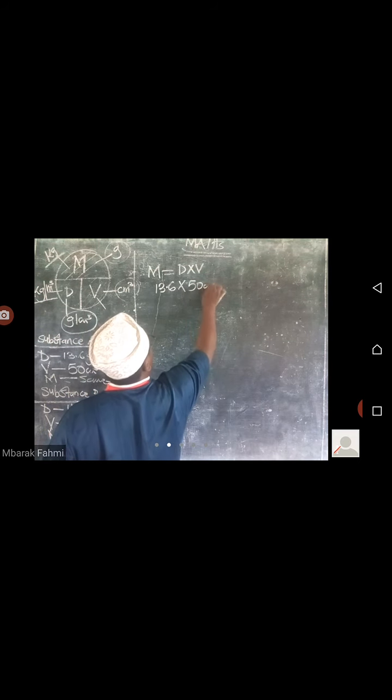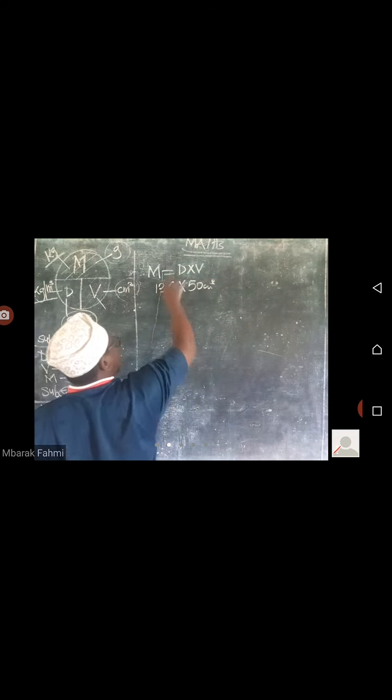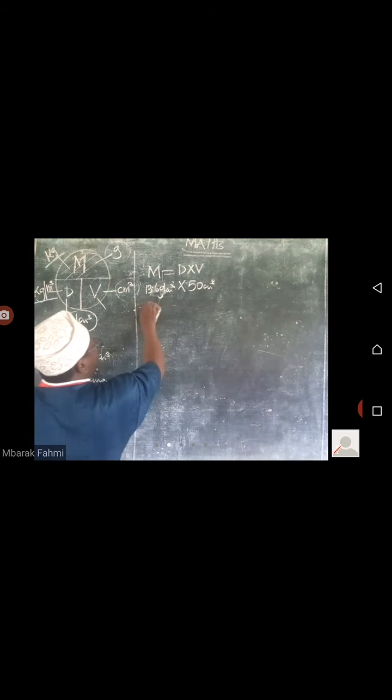The volume of A will be 50 cubic centimeters. Definitely the mass which you're going to get will be in grams.